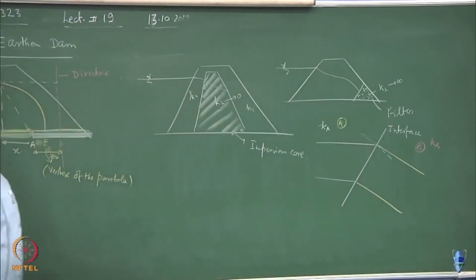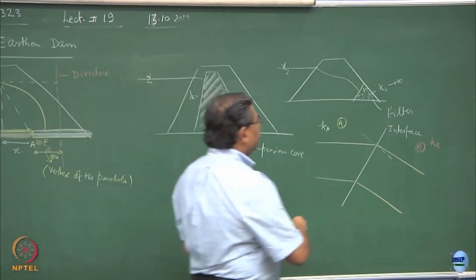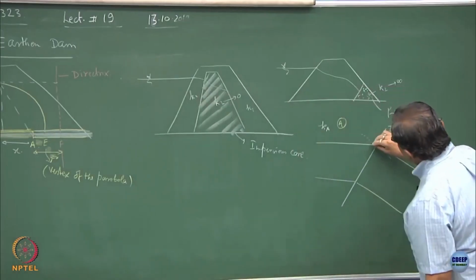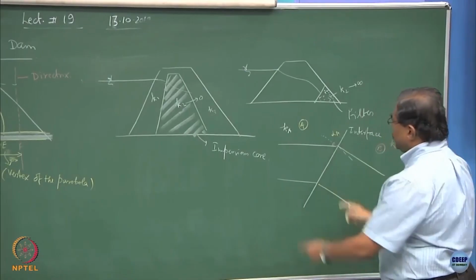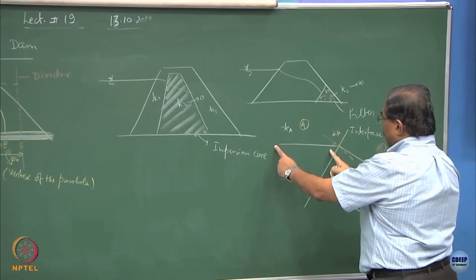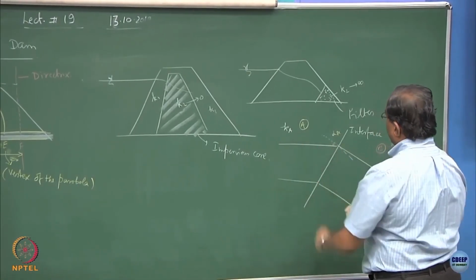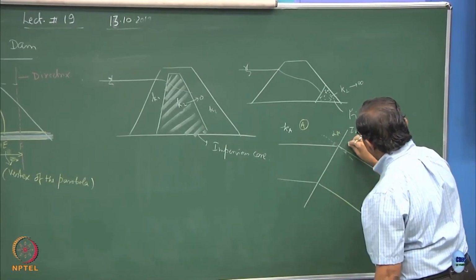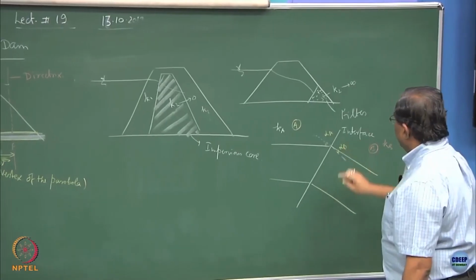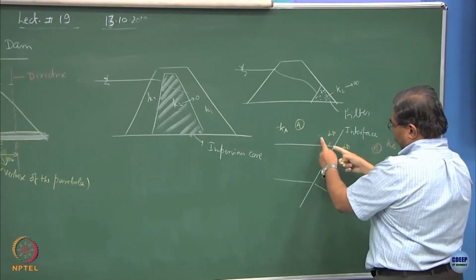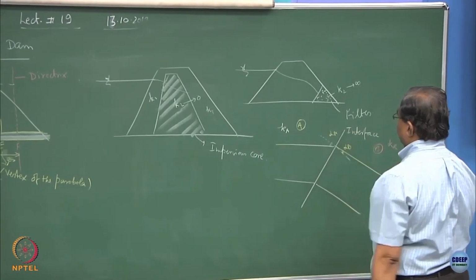If I ask you to draw the flow net, it can be done. This angle is alpha A, angle of incidence of the flow line in the media A. This angle is alpha B, the angle of deviation with respect to the perpendicular drawn on the interface.